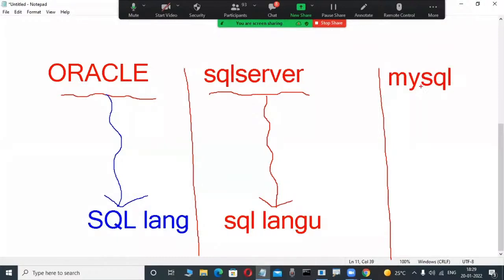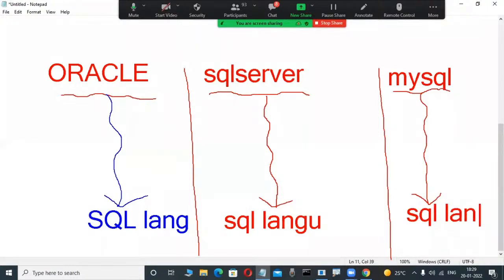Some employees work on MySQL, which is open source. They operate the MySQL database also, and they use SQL as the language. SQL is a universal language.